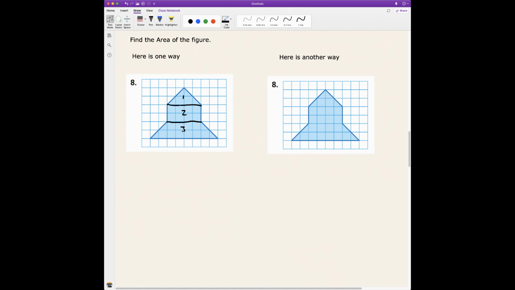How else could we break this up? Well, what about this one? If I have a triangle, another triangle, and notice these 2 triangles are exactly the same. So if I find the area of one, just multiply by 2. Or I could cut this piece off, put it right here.